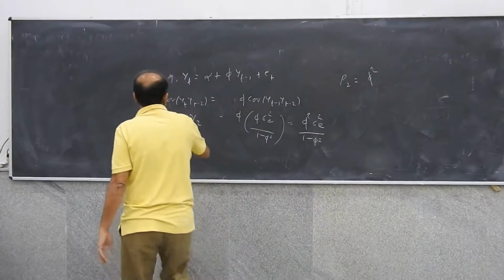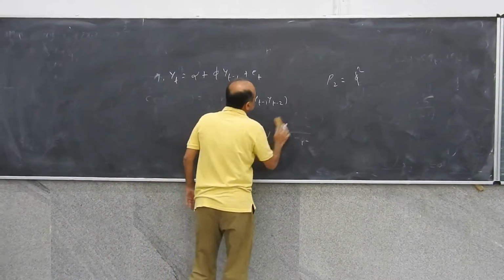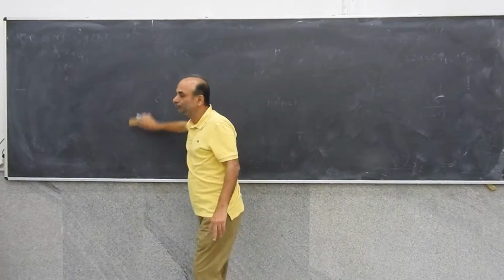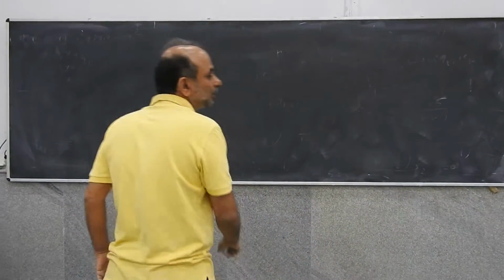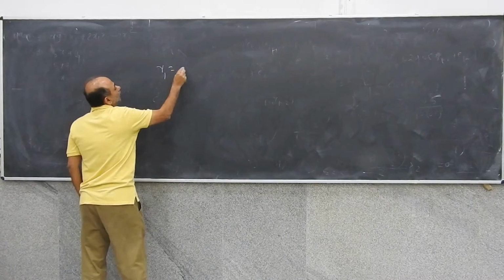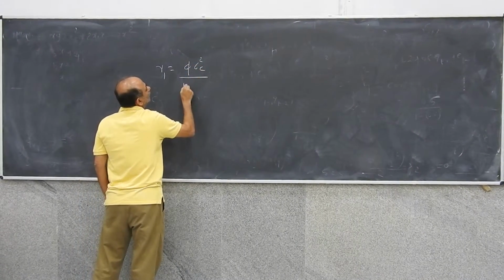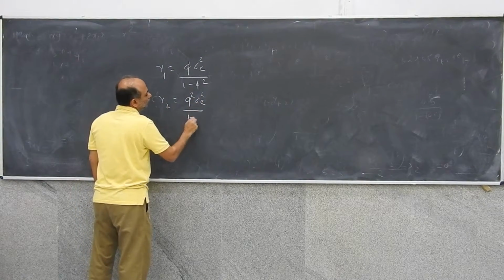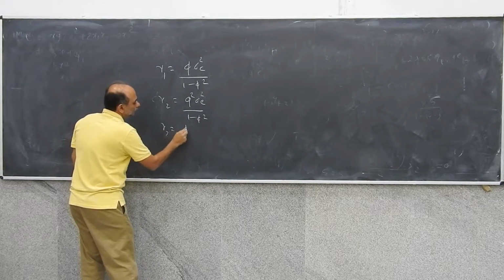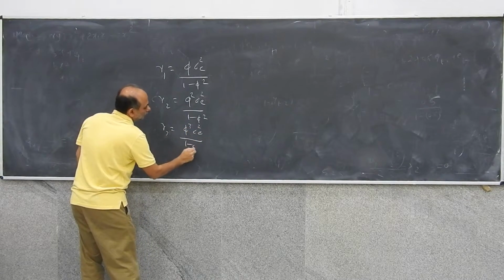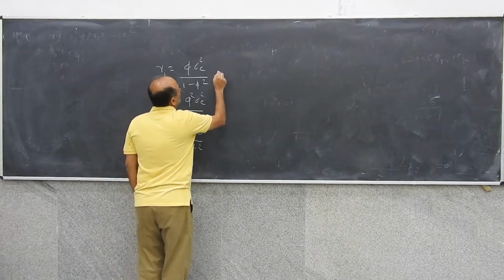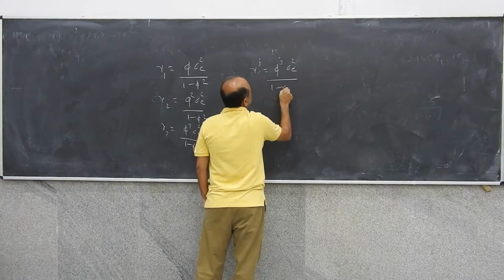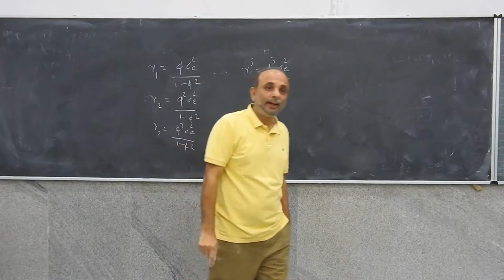So first, for a stationary AR1 process, okay, for a stationary AR1 process, gamma 1, gamma 2, gamma raised to j, so on, right?